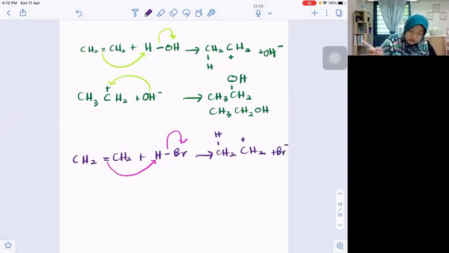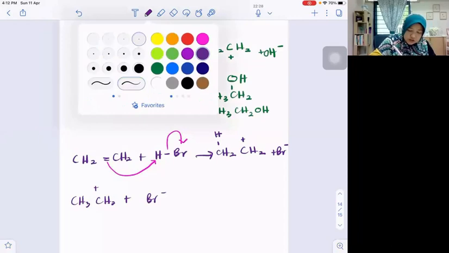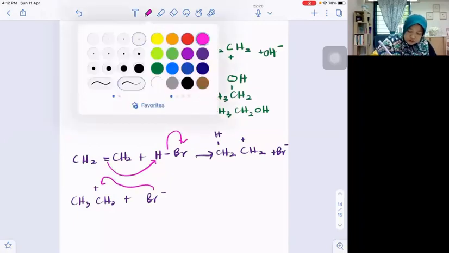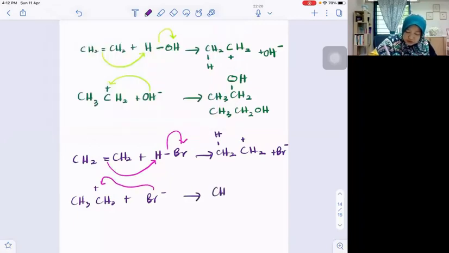In the second step, I condense this structure so that it turns to CH3, CH2 plus, which reacts with Br minus, in which the bromide attacks the carbocation, so it will turn to CH3, CH2, Br. So this is the mechanism.